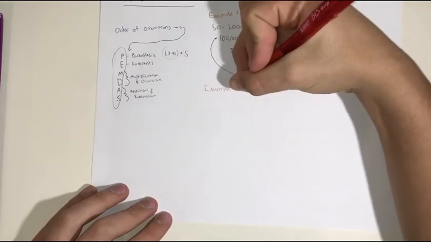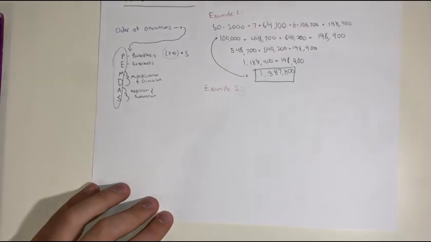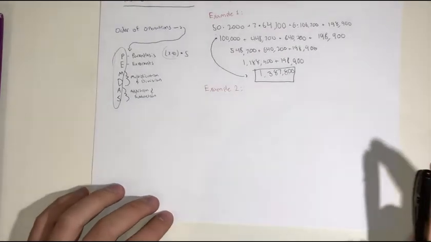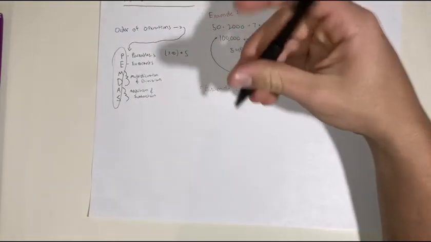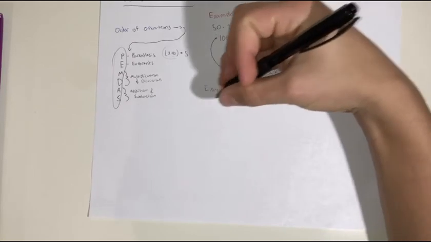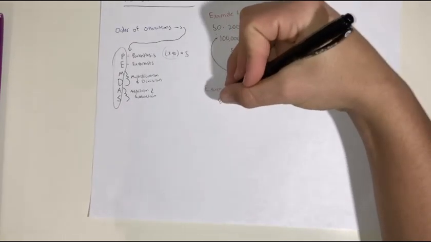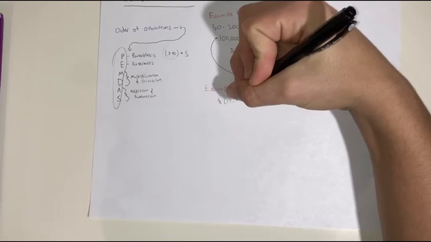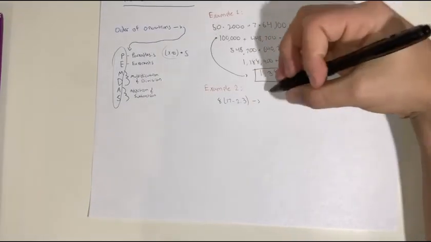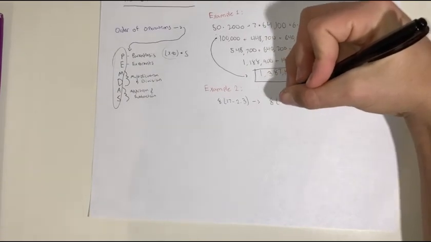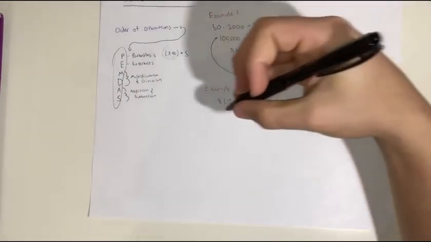So example 2 was actually just using grouping symbols. Grouping symbols is just like when you do things with parentheses. If you have 8 times 17 minus 2.3, this would basically be 8 times 14.7, things like that.